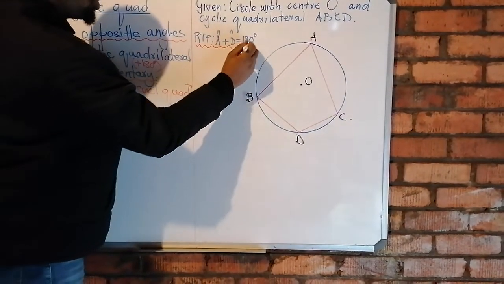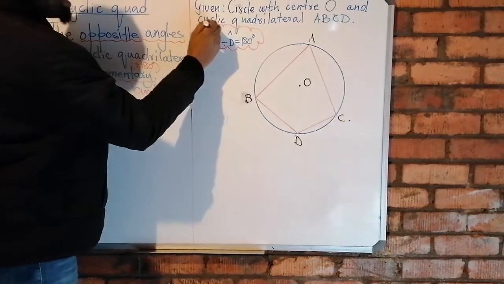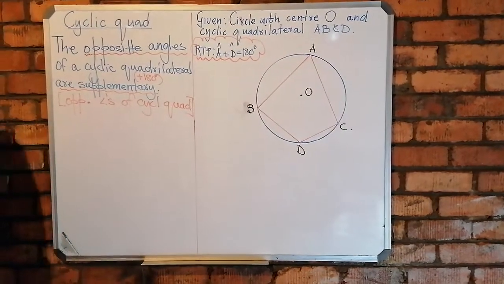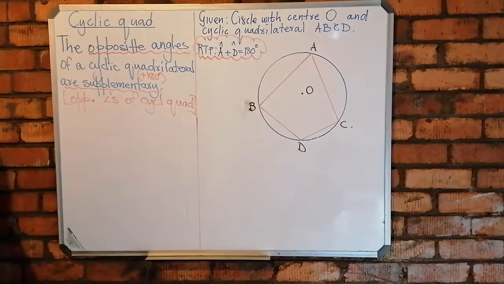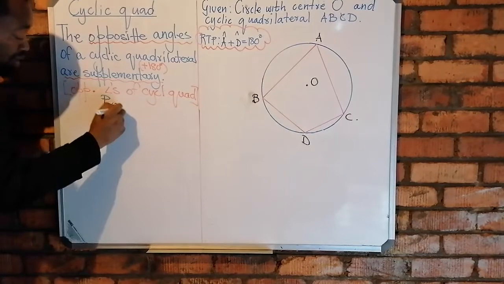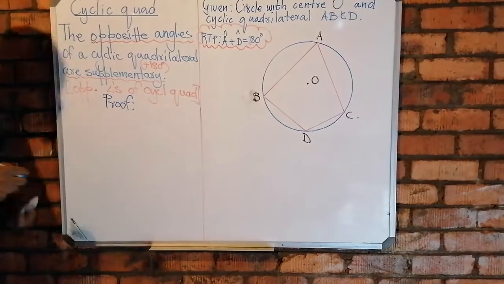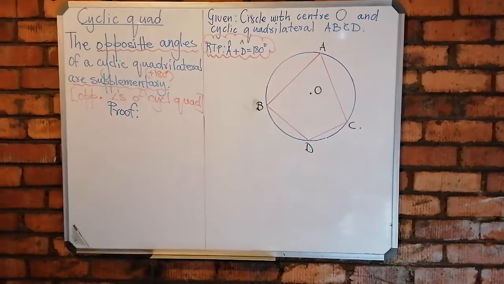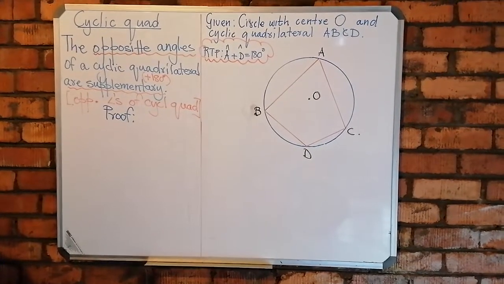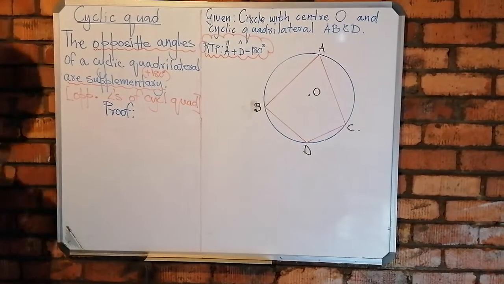We want you to show us that indeed opposite angles are supplementary. Now, the proof to this theorem, which is frequently asked in the exam, and it is so easy to score marks from.